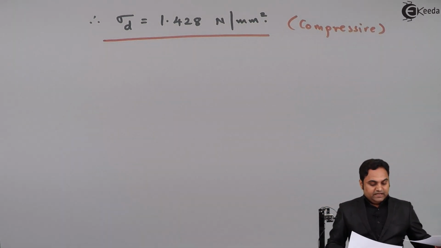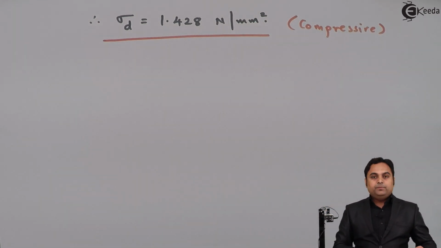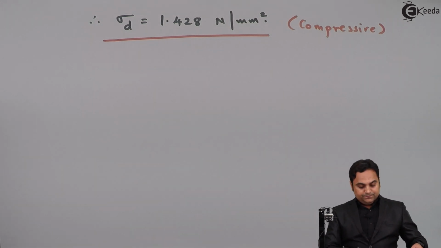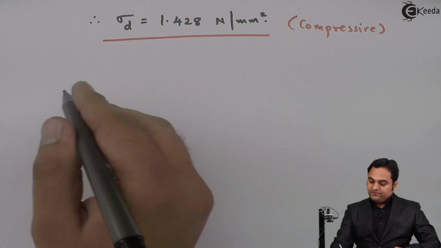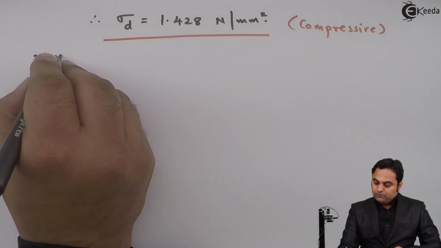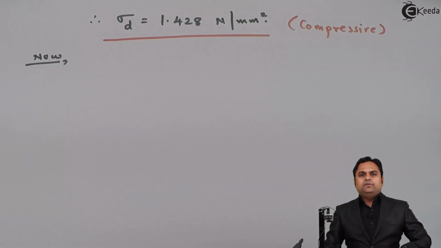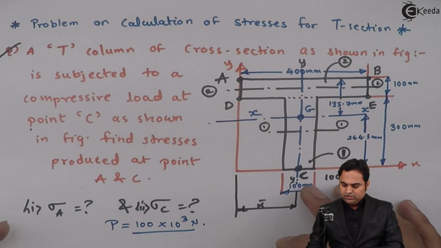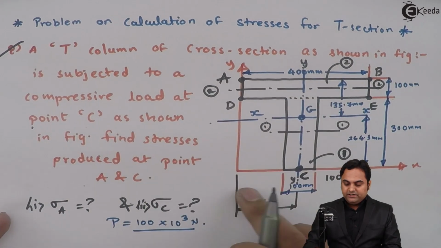After getting the value of direct stress, the next thing would be to calculate the bending stress. Now in order to calculate the bending stress, we should know the MI, that is moment of inertia, about the x-axis for the complete section.